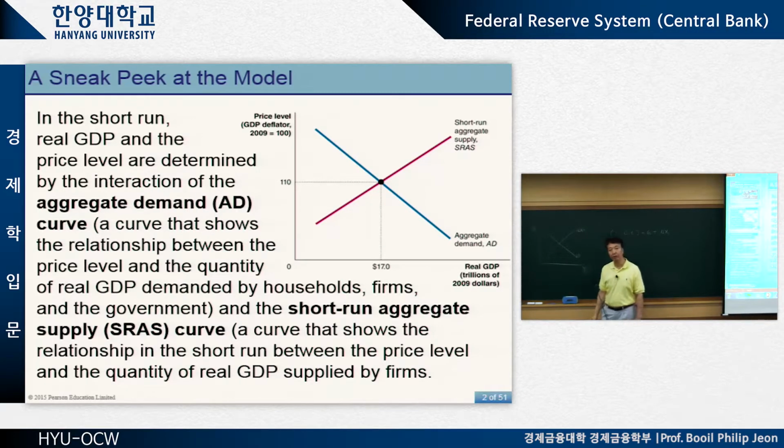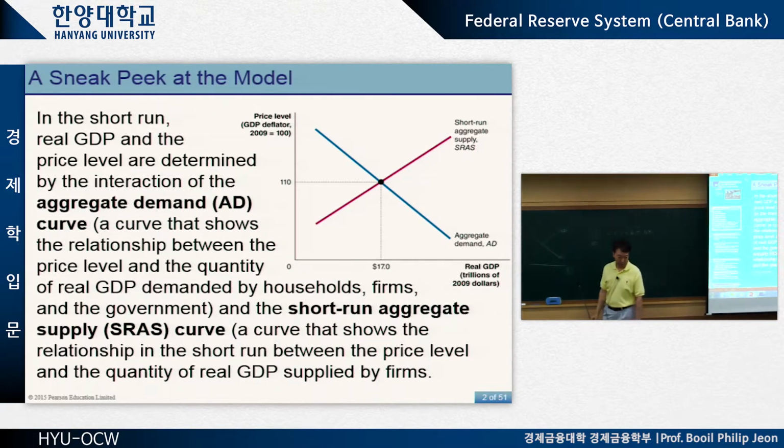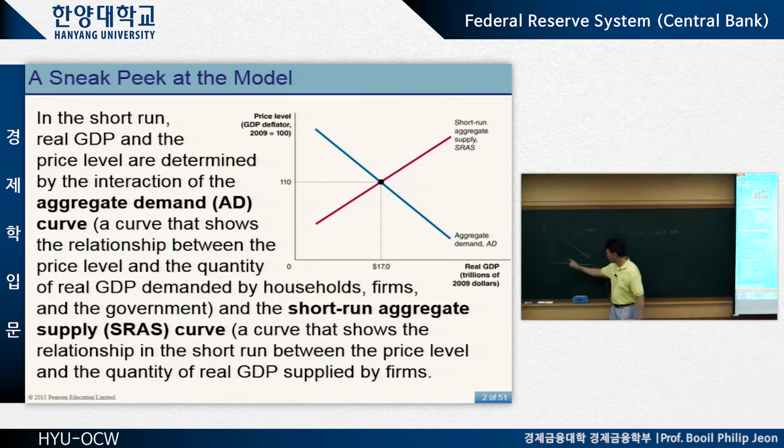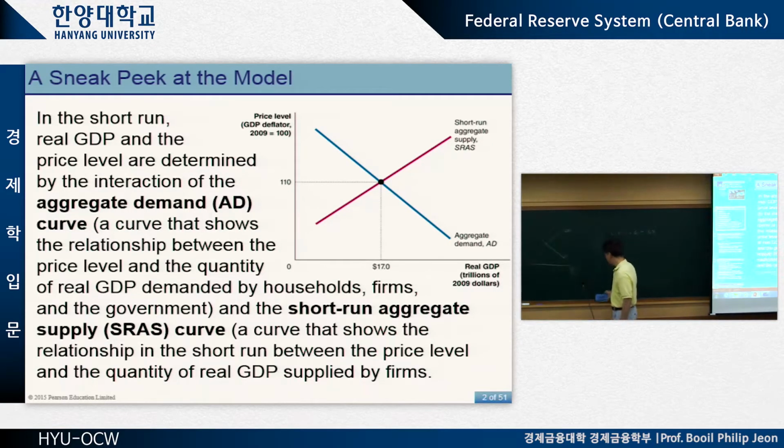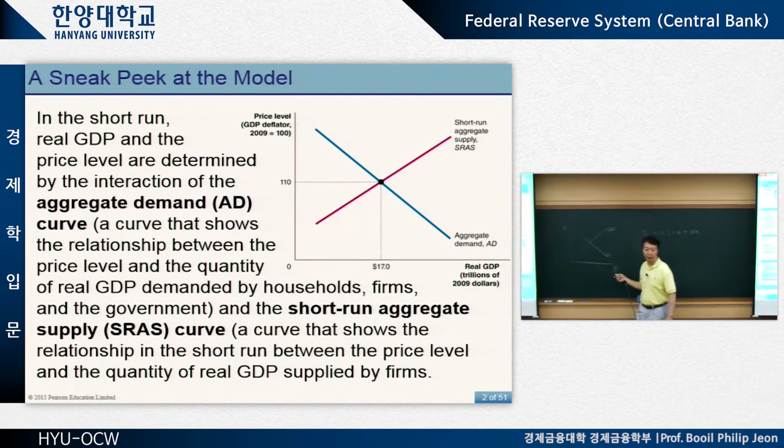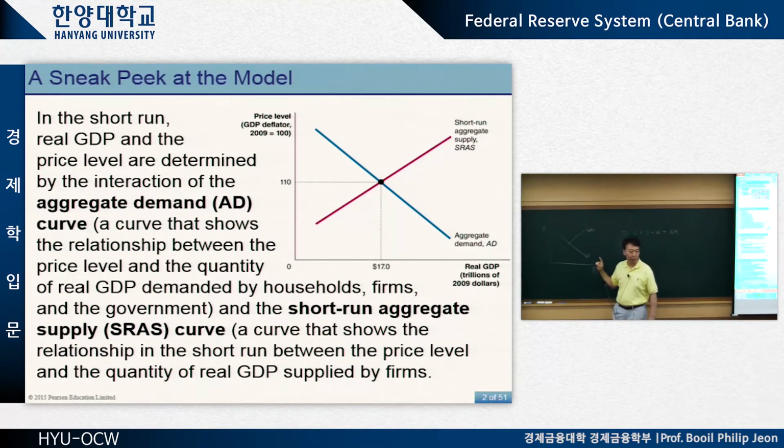If you remember, we explained those slopes in this way. For example, why does the demand curve slope downward? Demand curve sloping downward means simply there's an inverse relationship between the price and quantity. When the price goes up, quantity demanded goes down, and vice versa.